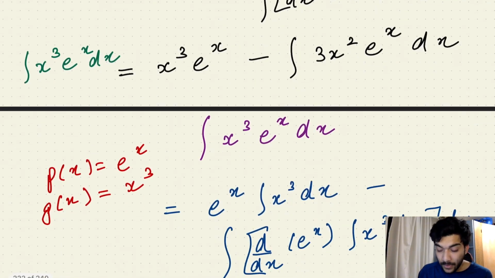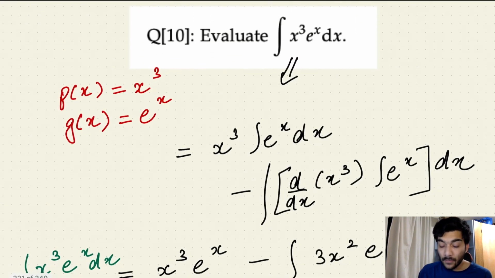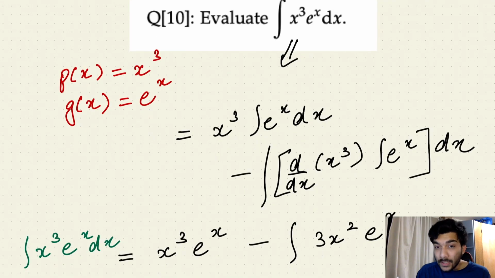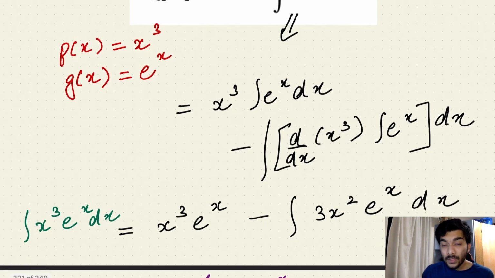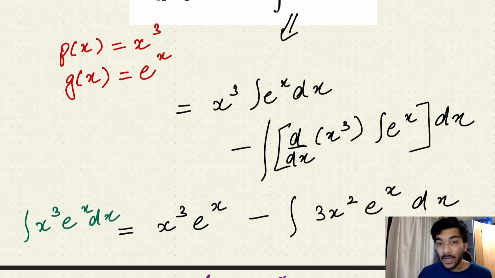So that's it for this video, and the most important takeaway from this video is that whenever you are confused about choosing your first function or your second function, always go with following both of those approaches. So in these type of questions, it's recommended to choose all the possible combinations for your first and second function, so that you can clearly see which choice would make your indefinite integral calculation easier than the previous integral calculation, right?